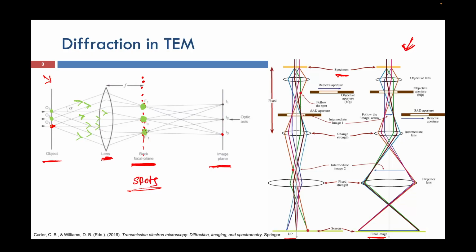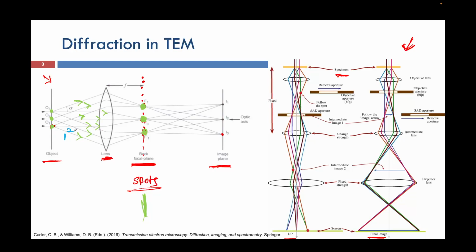If we keep an aperture on this plane, that means on the back focal plane, and we are not allowing what happens at the back focal plane? Take at least two rays coming from the same point: this is my ray 1 and this is my ray 2.